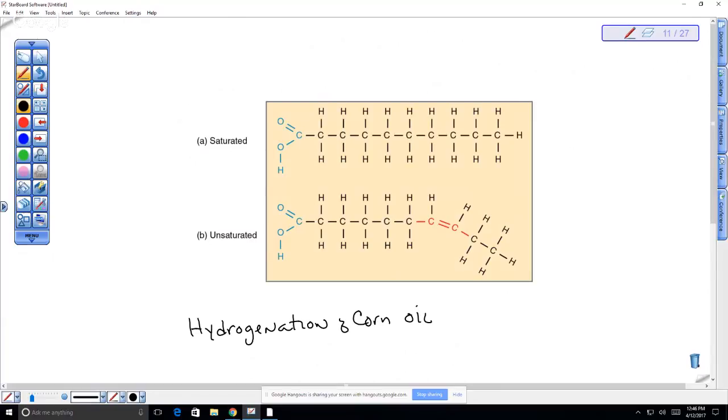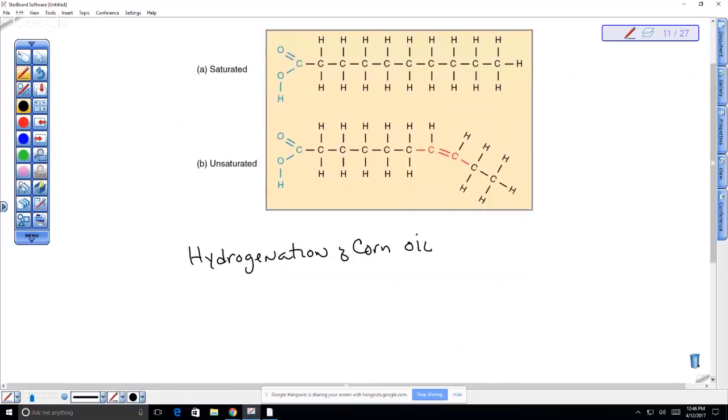Okay. Now, hydrogenated fat also has a bad effect because it is an example of a trans fat. Okay. And trans fats would be like Crisco, but it would also be like margarine. And anytime you use hydrogenated fat or corn oil, even if you're using it to fry stuff, it could be trans fat.